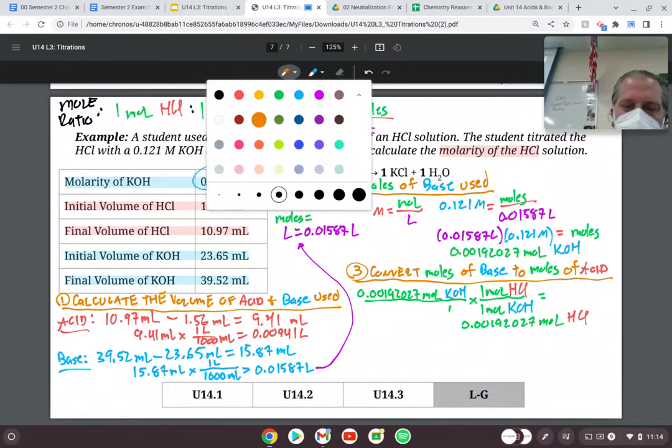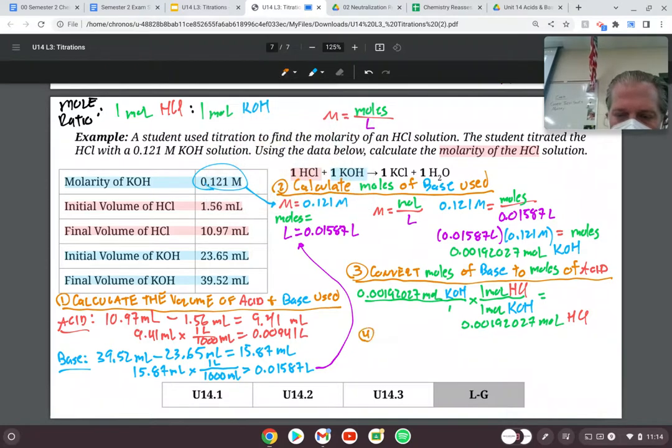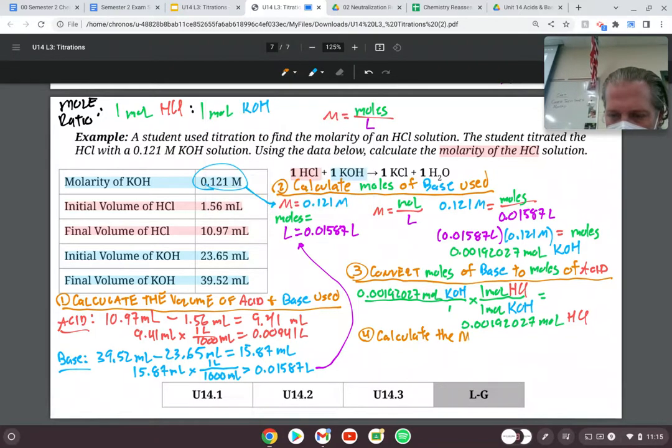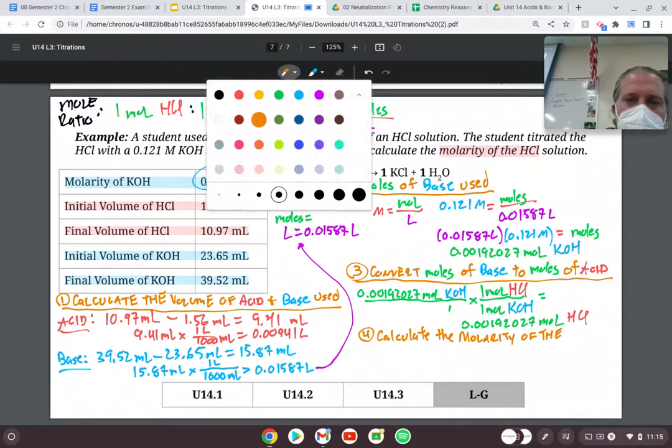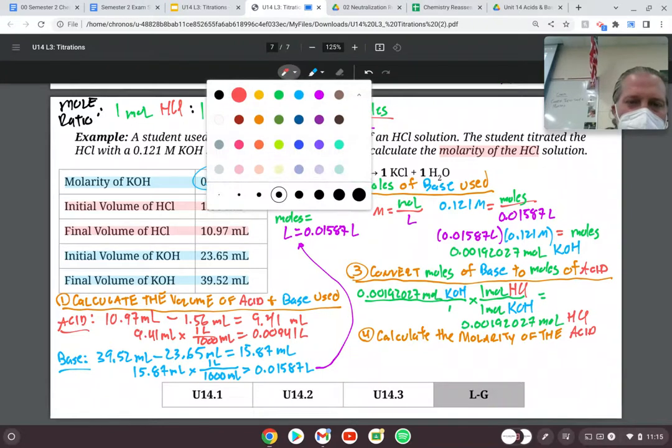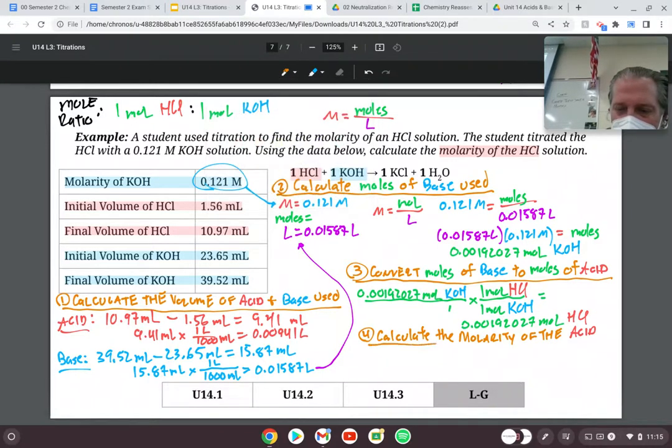Our last step here is to calculate the molarity of the acid. And we know the acid in this case is HCl.